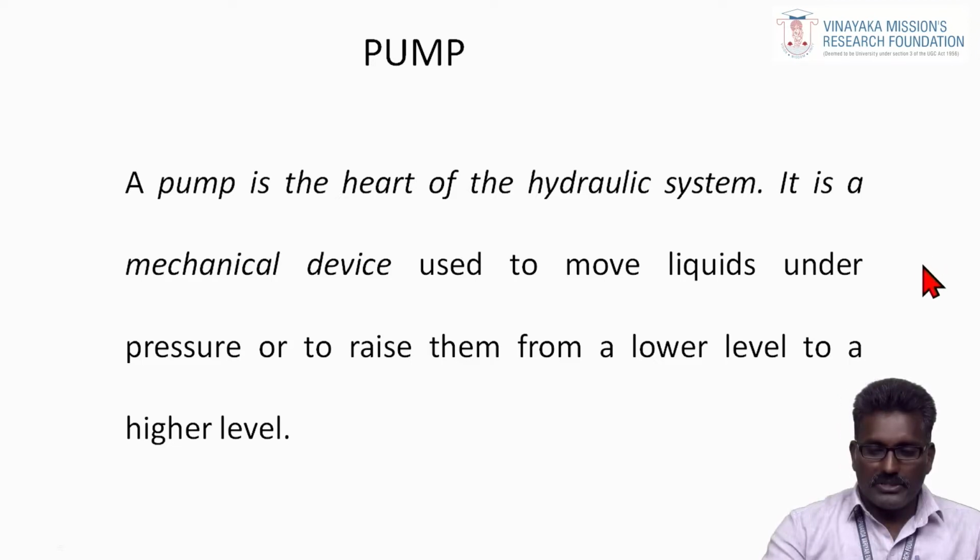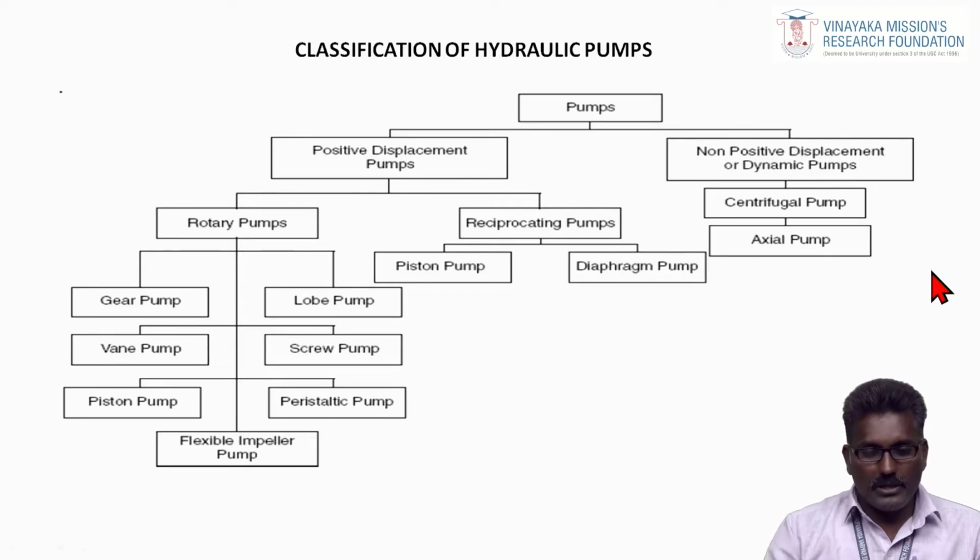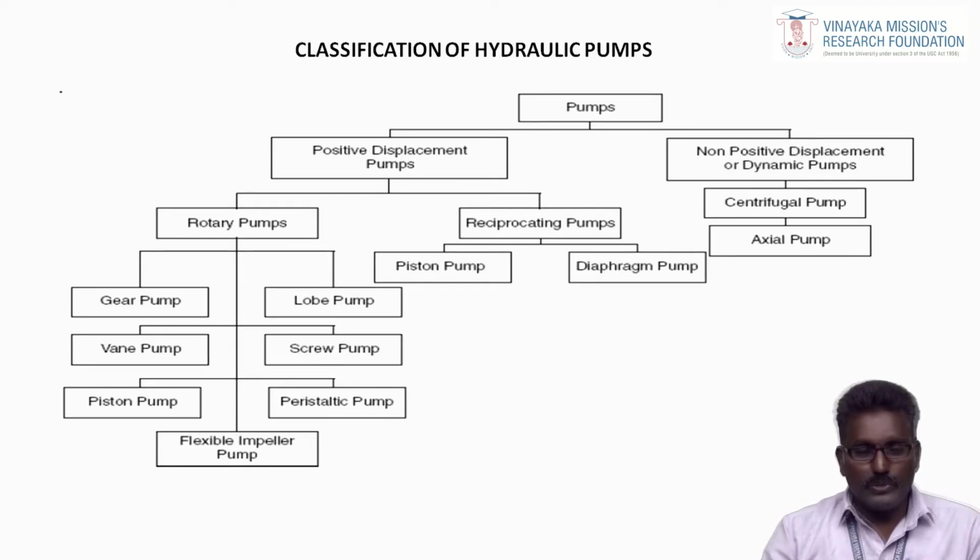Now, we are going to discuss the pump classification. In this view, you are seeing the various classifications of pumps. Pumps are generally classified into two types. One is the positive displacement pump, technically otherwise called the hydrostatic pump.